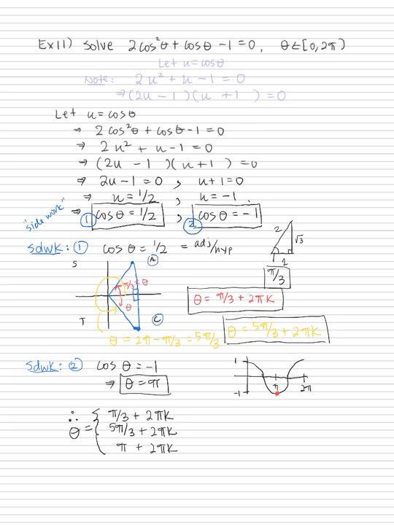Now if you start plugging in k equals 0, 1, or 2, theta will be inside 0 to 2 pi only when k equals 1. You can check that by working it out on your own. But let me just write it: theta is in 0 to 2 pi only when k equals 1. So our official solution set is pi over 3, 5 pi over 3, and pi. This is going to be the answer.